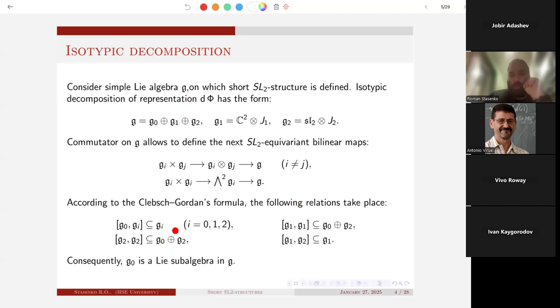So from these relations, as you can see, you can derive that G0 is a Lie subalgebra in G. It's a very simple statement.